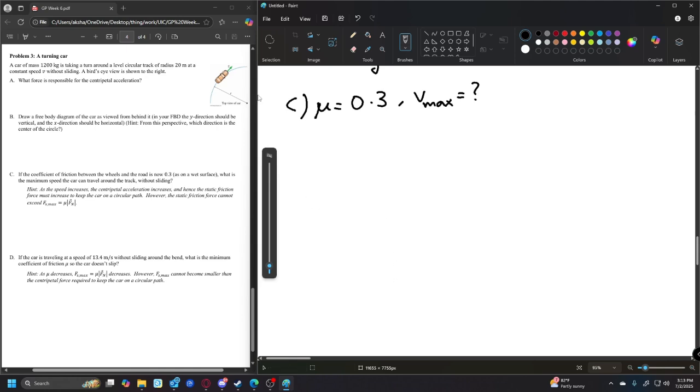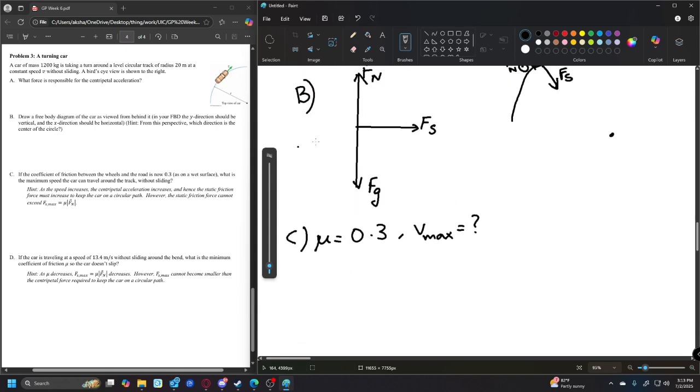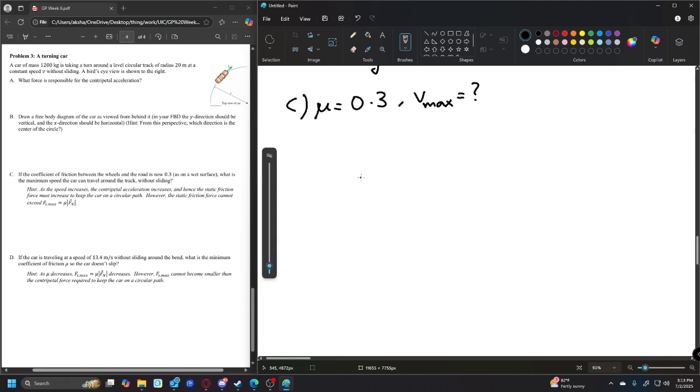So we found here Fg and Fn, and we have Fs over here. The centripetal force that's acting on this car can be written as mv squared over r, because m a_c and a_c is v squared over r, and the friction force that's acting on this is the coefficient of static friction times mg.